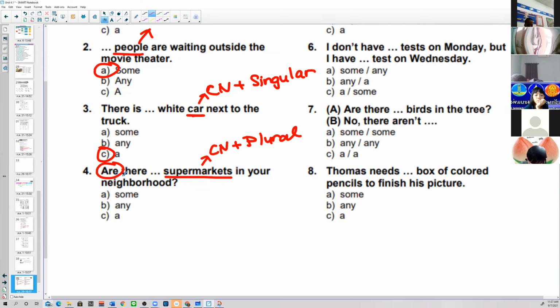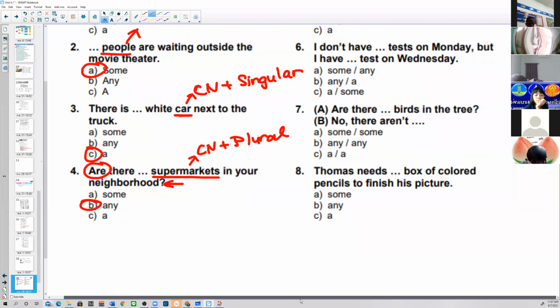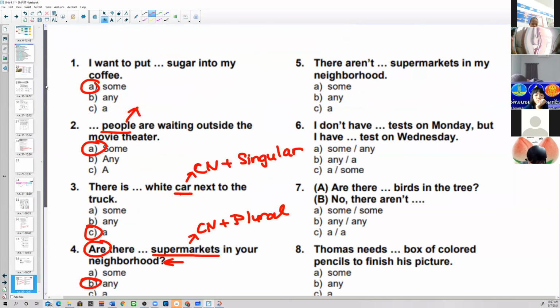However, it's a question. Any, right? Are there any supermarkets in your neighborhood? Number 5. Negative form. What are you using? Any. There aren't any supermarkets in my neighborhood.